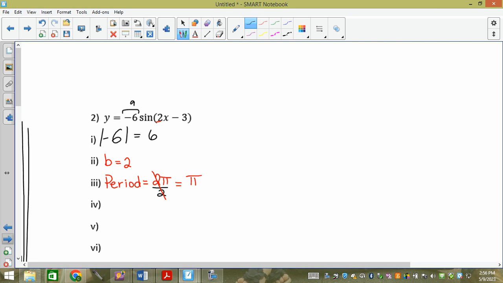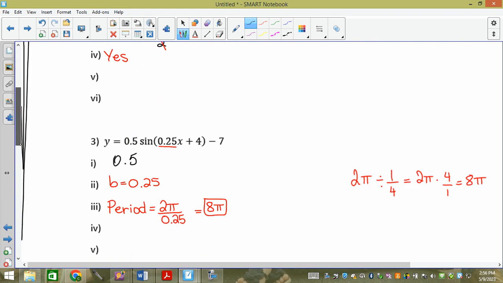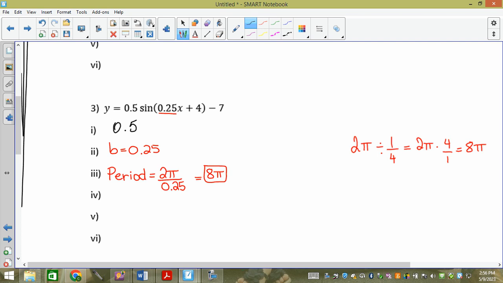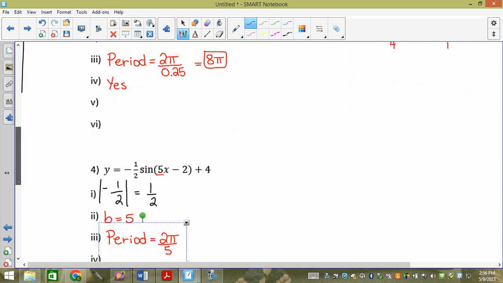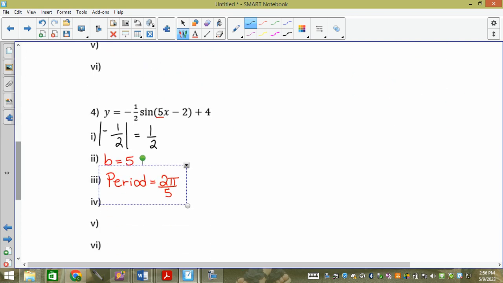Yes. For 3, is there a horizontal phase shift on this one? Yes. For this one, is there a horizontal phase shift? Yes. Okay, then we go back.